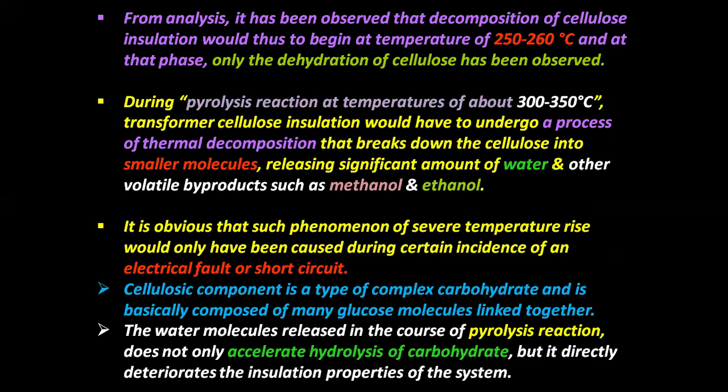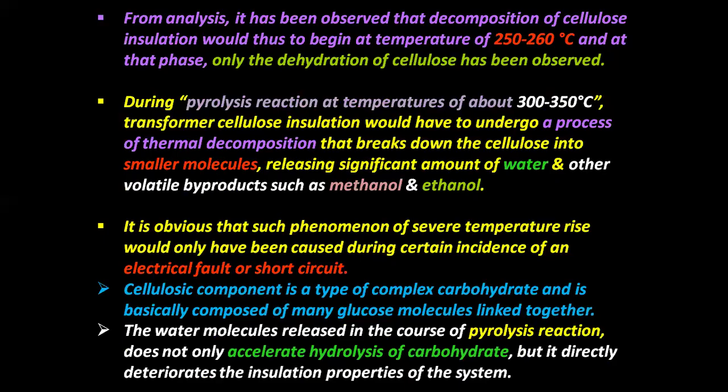From analysis, it has been observed that decomposition of cellulose insulation begins at a temperature of 250 to 260 degrees centigrade, and at that phase, only the dehydration of cellulose is observed.